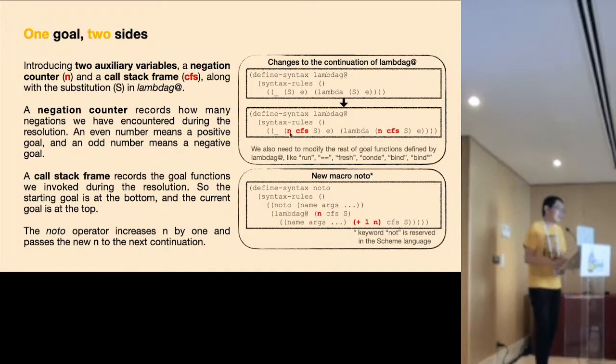Then we also need to have call frame stacks, CFS, to make sure that we detect the loop. So these are the new things we introduced into this lambda g-add, adding two new things into the continuation. And we have one more new macro, noto. It's just a not operator, but because the keyword not is already taken in the Scheme language, we call it noto. So in noto, it's very simple. You just add one every time we see a noto.